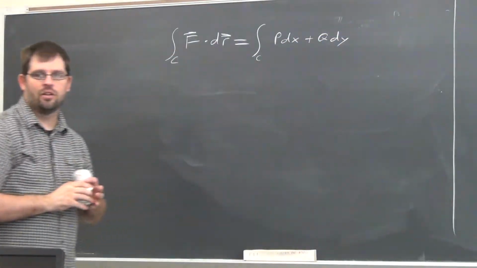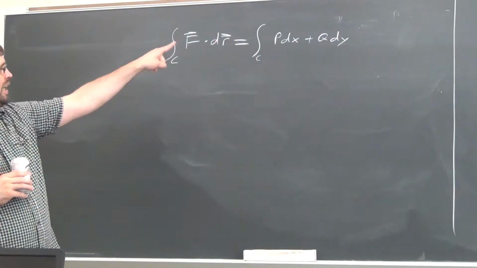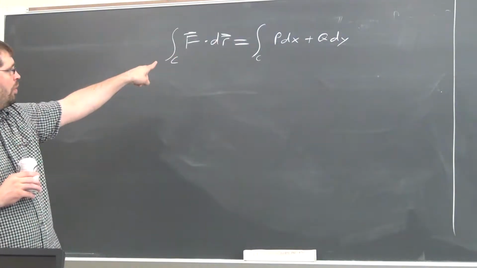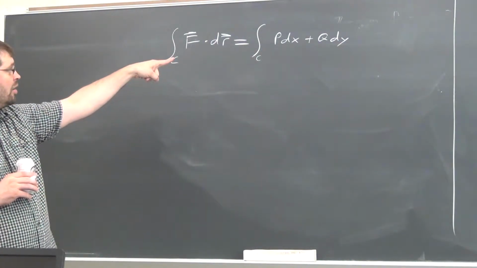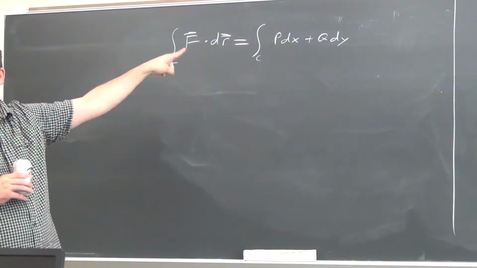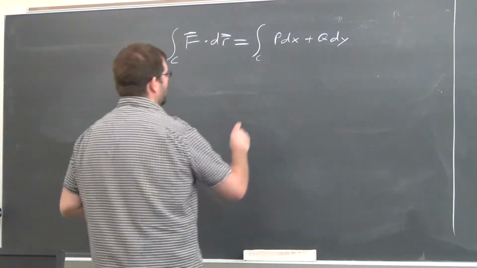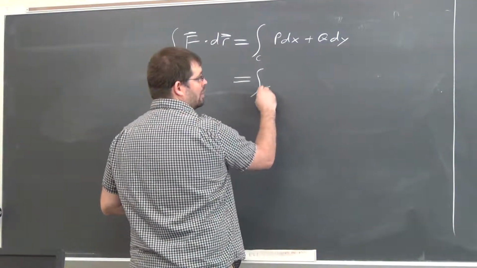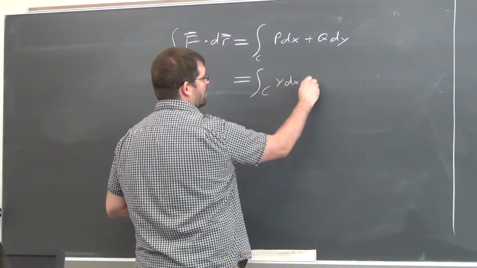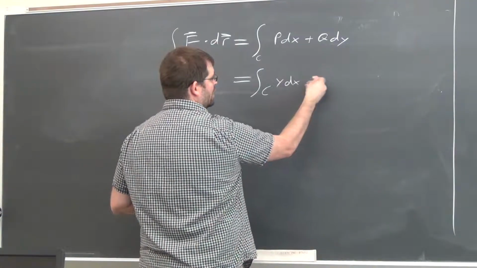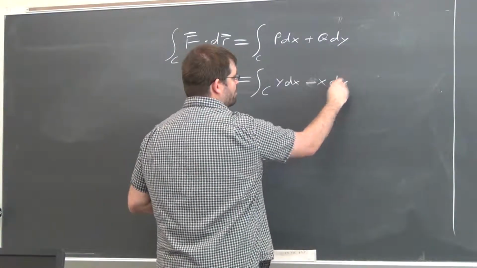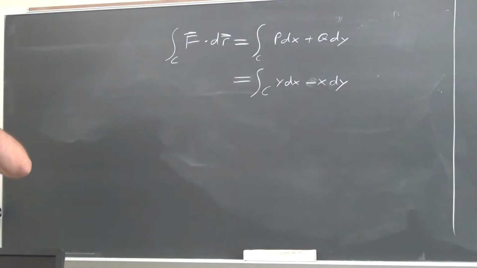Remember we said if your function had the form P comma Q, and you multiplied it with dr, you could write it like this, P dx plus Q dy. And so in this case, what do we get? We get y dx plus negative x dy.